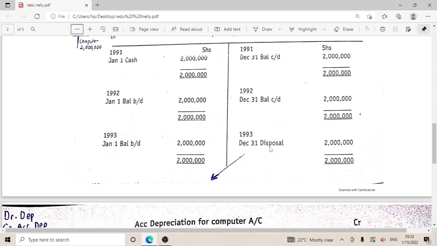Once you have indicated that it was disposed of to the disposal account, this amount will cross over to the disposal account.